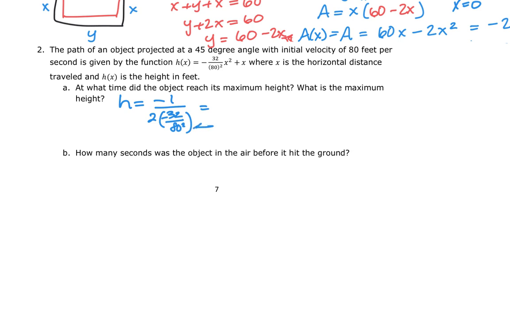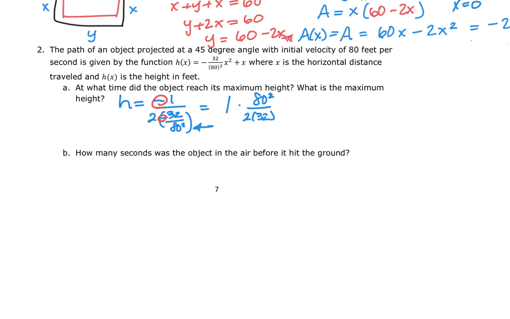Since this is a fraction, I'm going to rewrite this as a positive 1, because this negative cancels with this negative. It is the numerator fraction, which is now a positive 1, multiplied by the reciprocal of the denominator fraction. So the reciprocal of this is going to be 80 squared over 2 times 32.